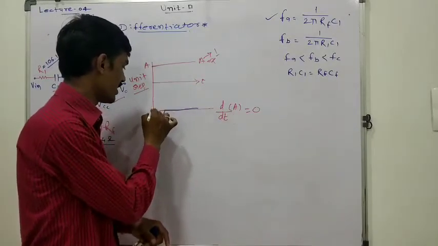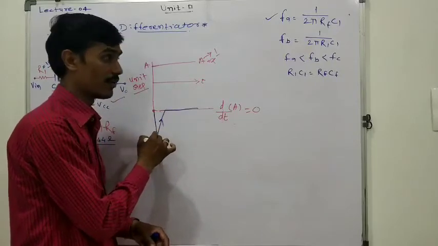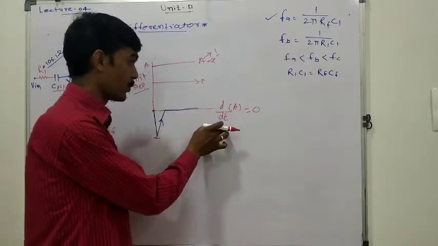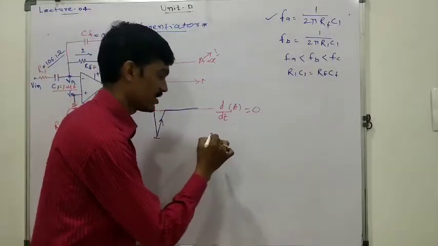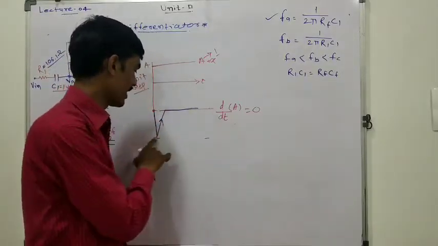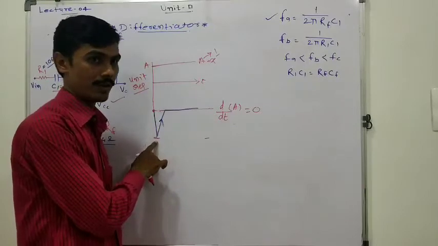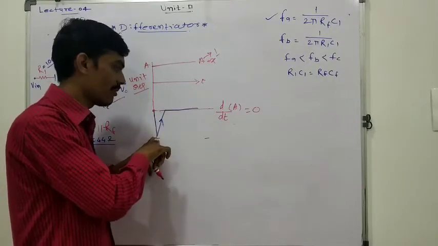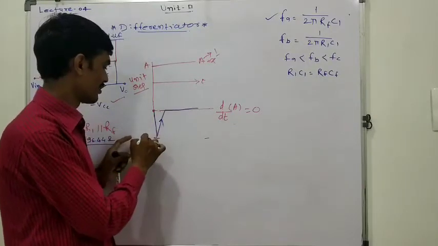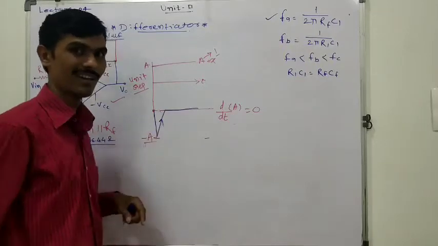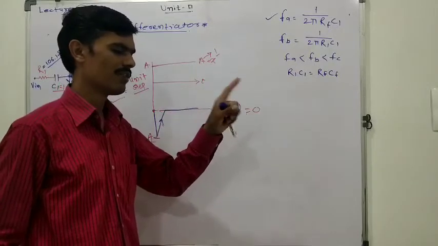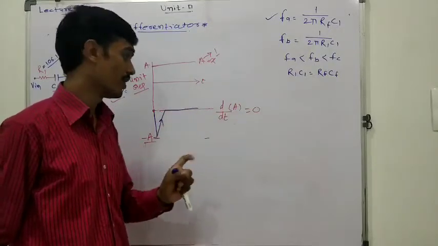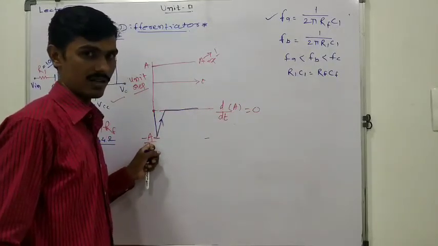That's why it reaches a maximum negative value, because the output of this differentiator has a 180 degree phase shift. That's why we get a negative pulse. It will reach the maximum negative, which is minus A, if we assume RF into C1 is 1. So we will get minus A here.